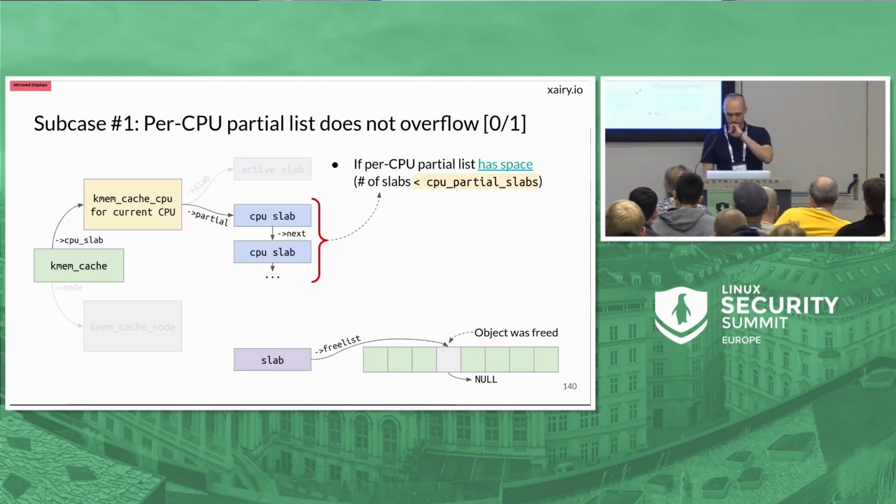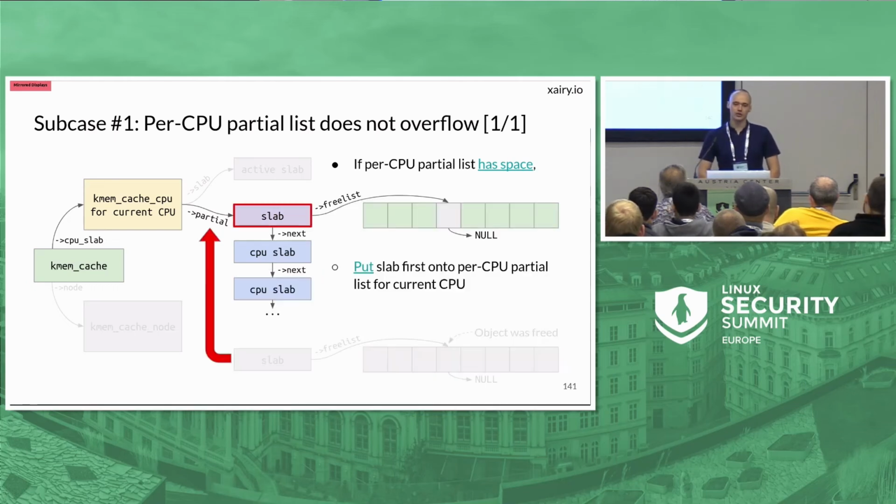So in the simple case, when the number of slabs on the per CPU partial list is not going to be exceeded, so we have less than the limit, our new slab that was just full, that contains the object that's being freed, is just going to be put first onto the per CPU partial list, while the rest of the slabs, the slabs that we had before, will follow it. So nothing will happen with regards to those. So this is the simpler case.